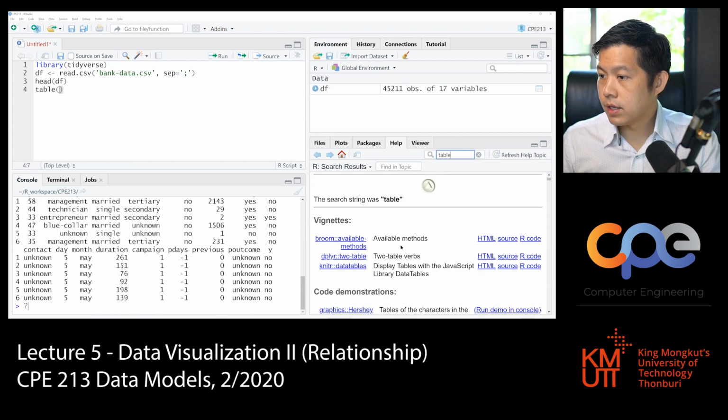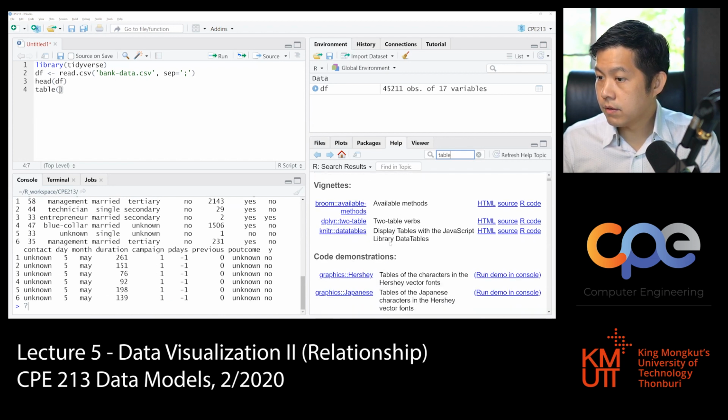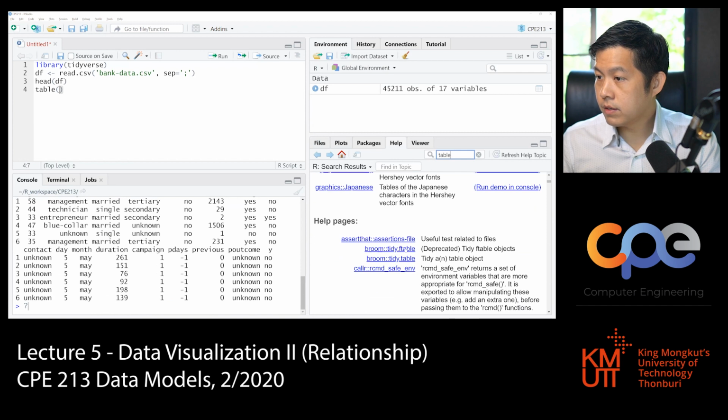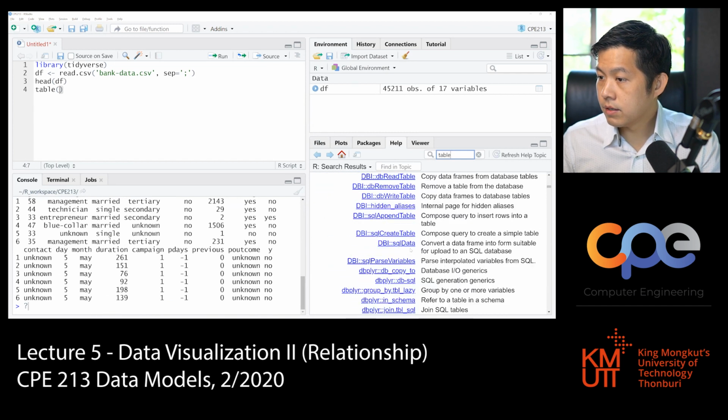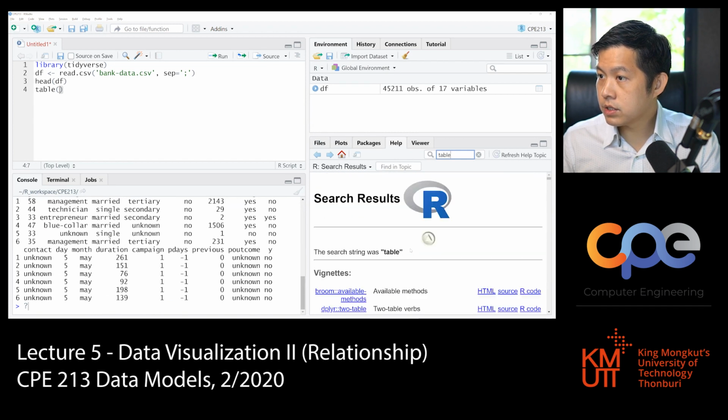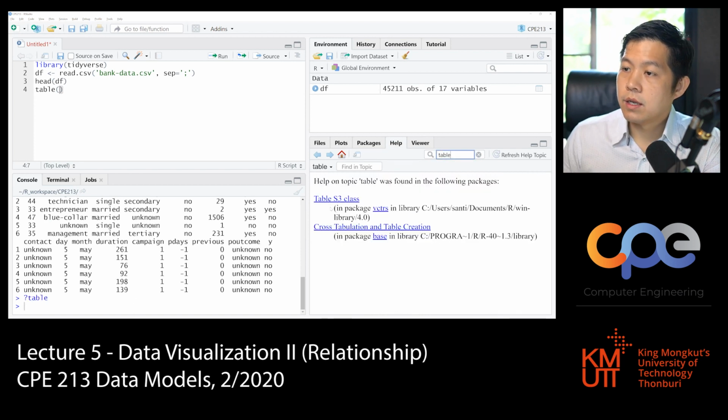It will show you the table. There are many of them here. Maybe a better way is to just use this one here, and you find it in the base cross tabulation and table creation.